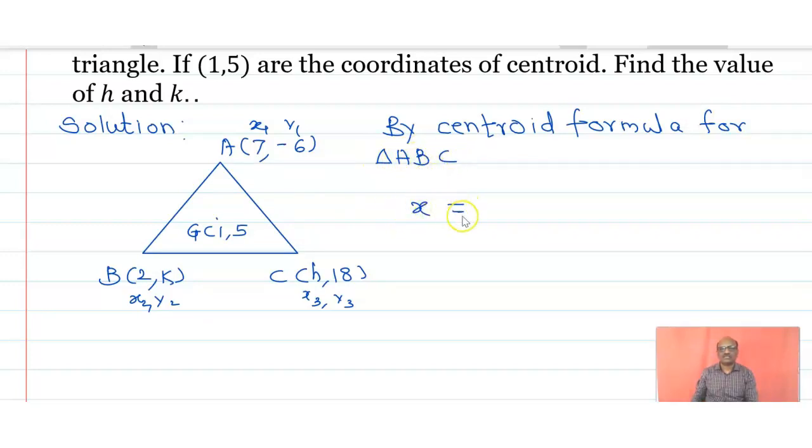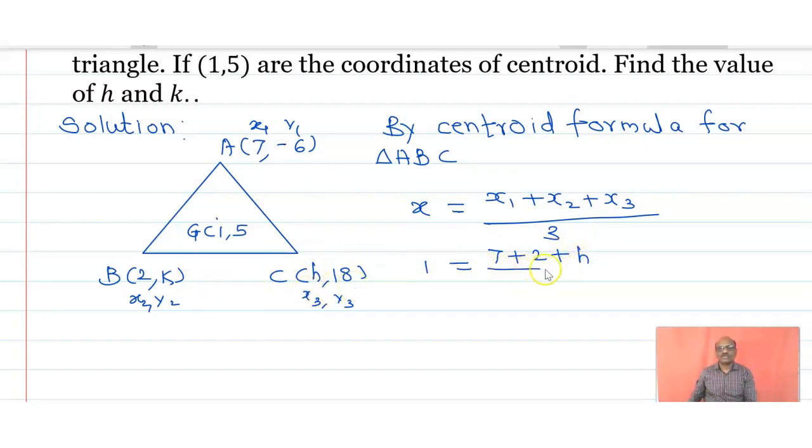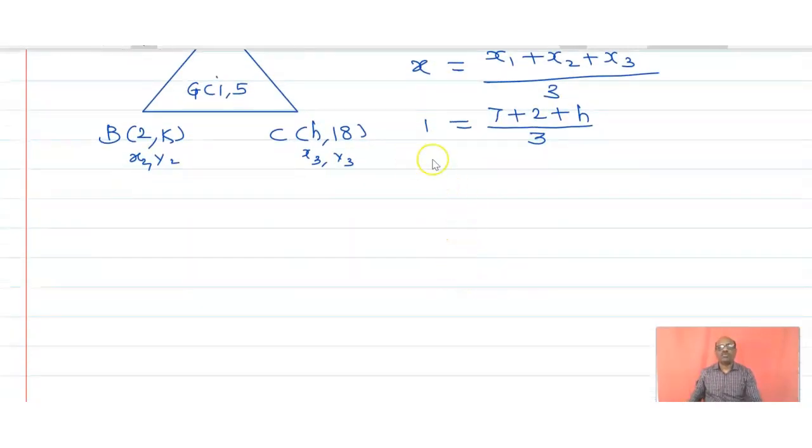X is equals to x1 plus x2 plus x3 upon 3. Now substitute the values. What is x here? X is 1. Okay. x1 is 7. x2 is 2. What about the x3? Is h upon 3. Okay. 1 into 3.